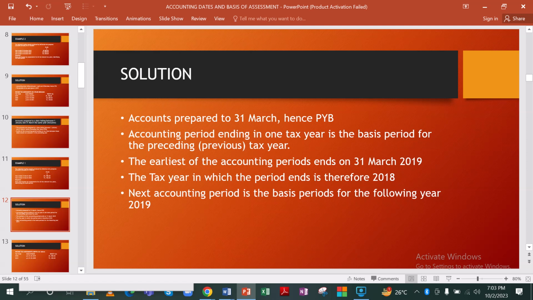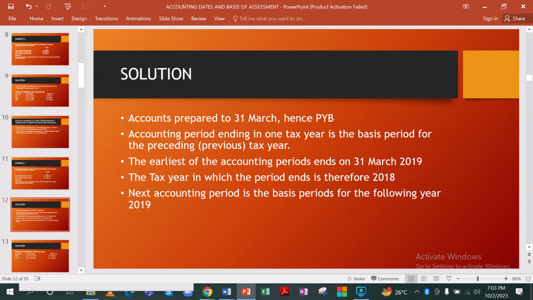For the earliest period of year end 31st March 2019, the tax year in which the period ends is therefore 2018, where we're going to make that particular assessment. Next accounting period is the basis period for the following year. That is the next accounting period, which is following year 2019.